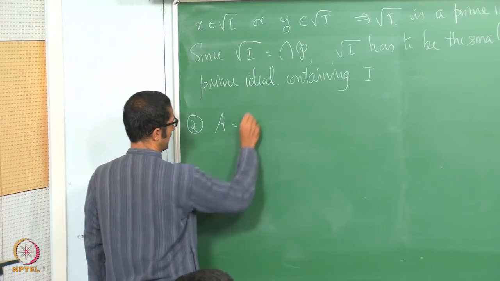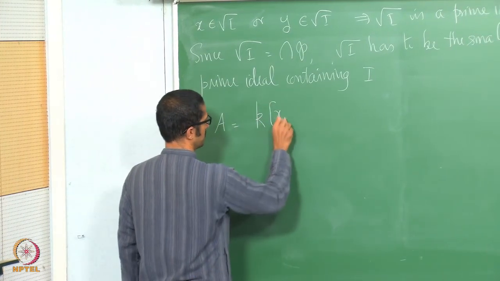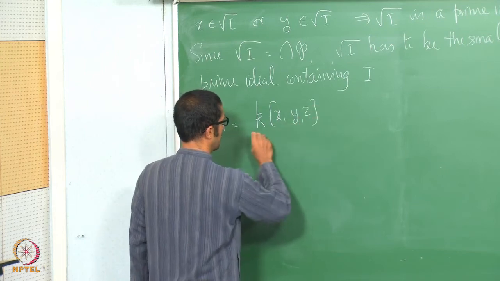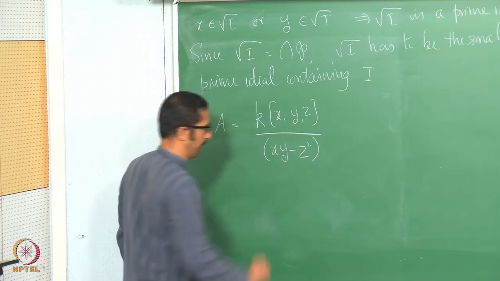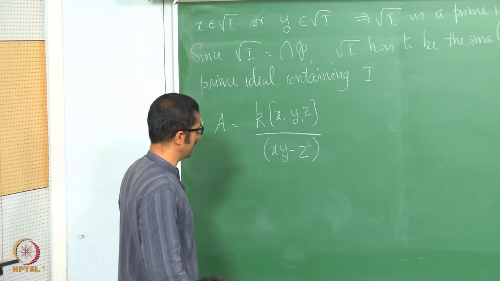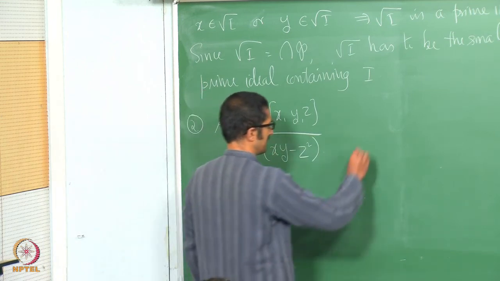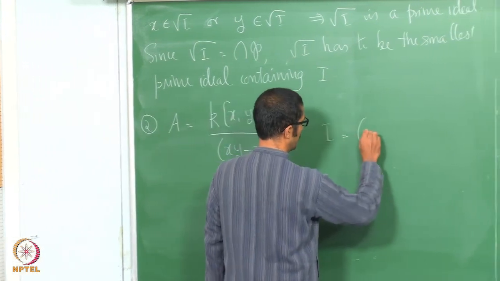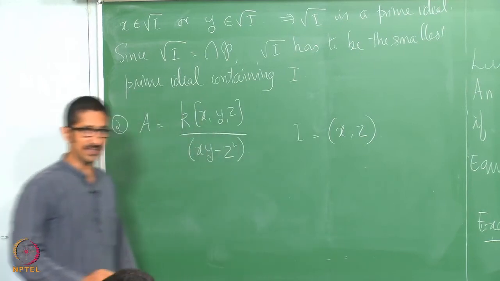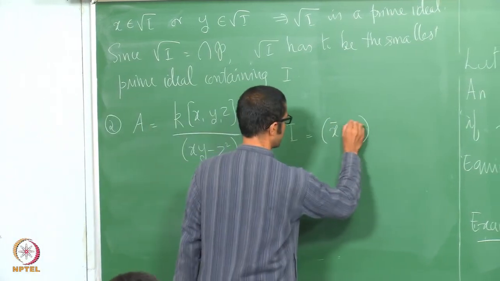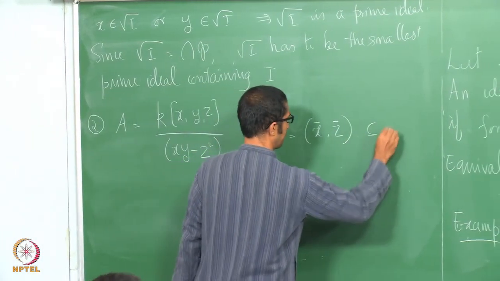Look at this ring A equal to k[x,y,z] mod (xy minus z square), and look at I equal to (x bar, z bar) in A.